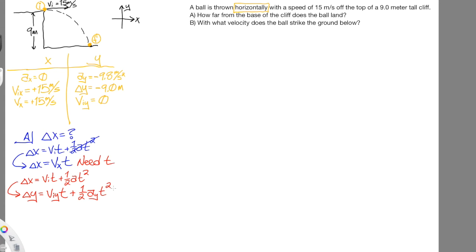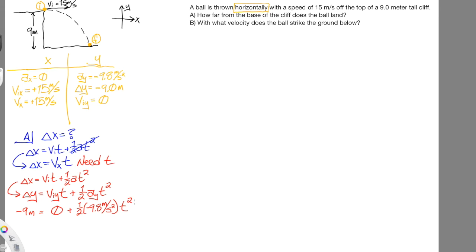The only variable we don't know in this equation is time, so we can just solve for it directly. Plug in the -9 meters for delta y, 0 for the initial velocity in the y direction, so that whole term is 0, plus 1/2 times -9.8 meters per second squared times t squared.